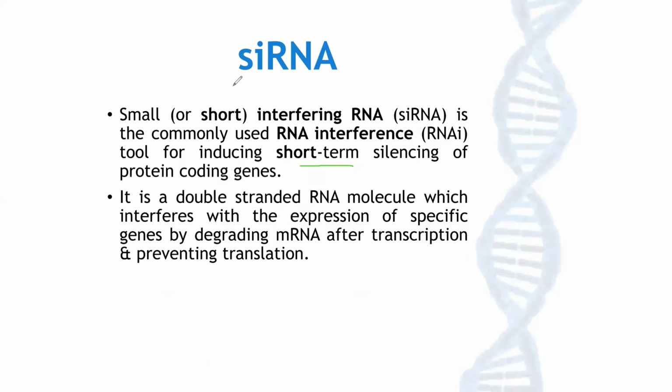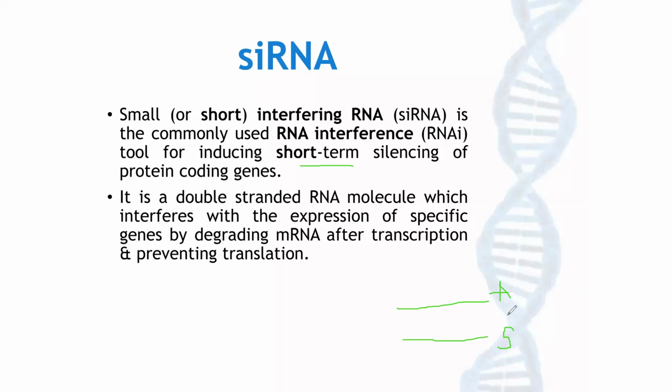And then this short interfering RNA is a double-stranded RNA molecule. It means that it's made up of two strands. These two strands are the sense and the antisense strand. The antisense strand is called a guide, while the sense strand is called a passenger.